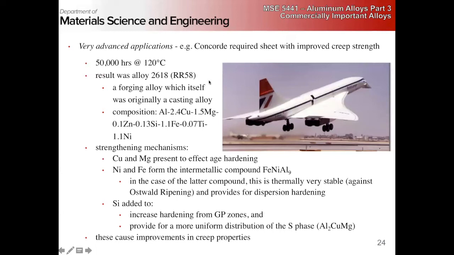They're a bit, I would say, old-fashioned now, but at the time, they were very advanced. So the Concorde was still an amazingly advanced aircraft, even though it's no longer in service and was designed in the 70s. But Rolls-Royce had to develop a new alloy for it because of the need for creep strength, because of the thermal loading that happens in supersonic flight.